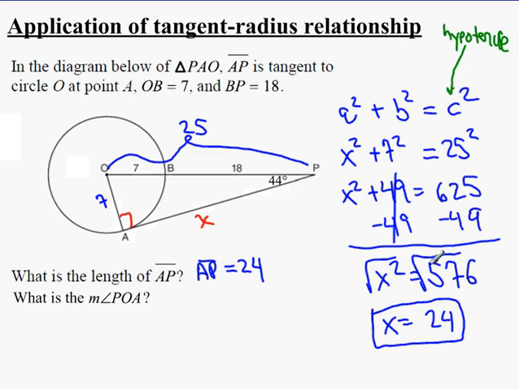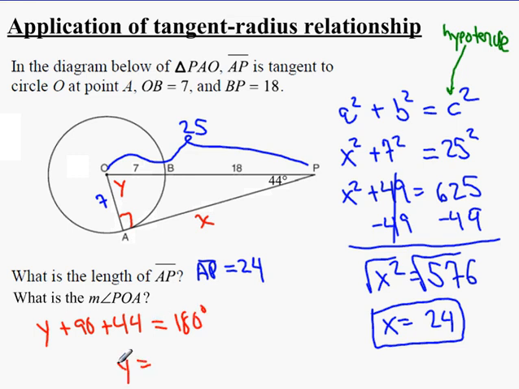The next question is, what is the measure of angle POA? Since we are given the measure of angle P over here is 44, and I'm looking for POA, I'm going to take the liberty and call that Y. We know that Y plus the 90 plus 44 have to add up to 180 degrees.